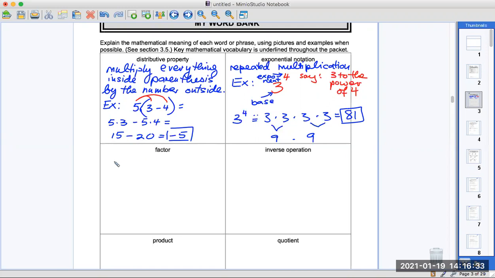A factor is part of a multiplication problem.